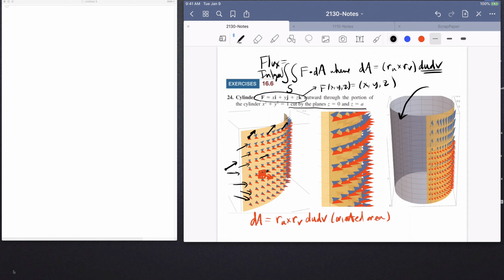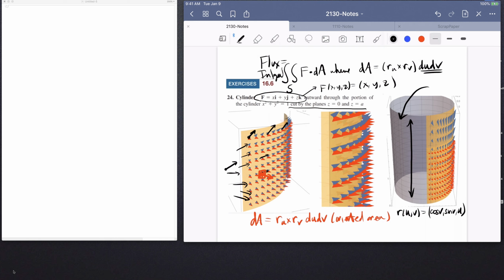That means we have a cylinder extending in the z direction, so one of the parameters has to be our height. If we parameterize this surface r of u, v, it looks to be a cylinder of radius 1, so we'll have cosine of v, sine of v, and then our other parameter u will be the height variable.